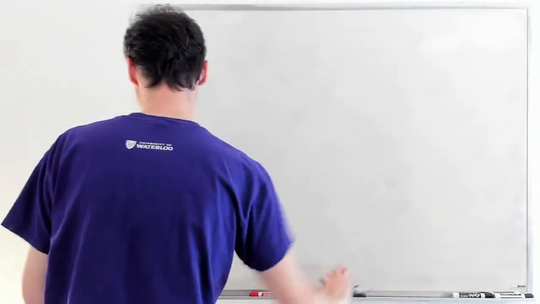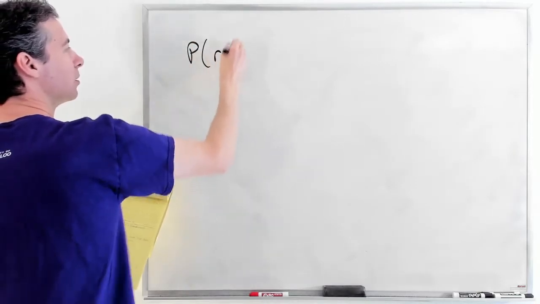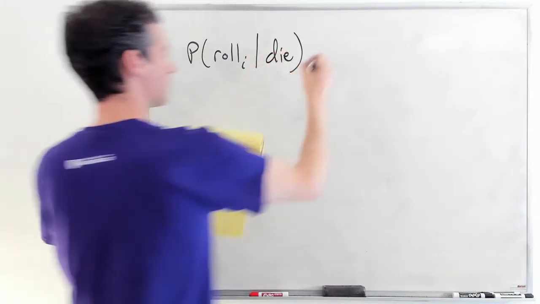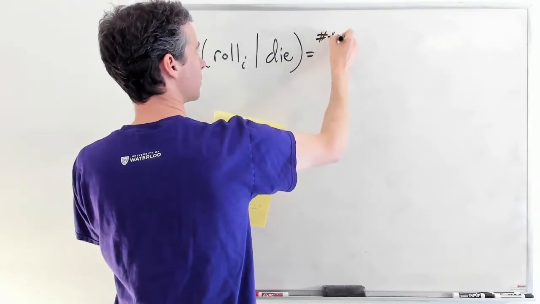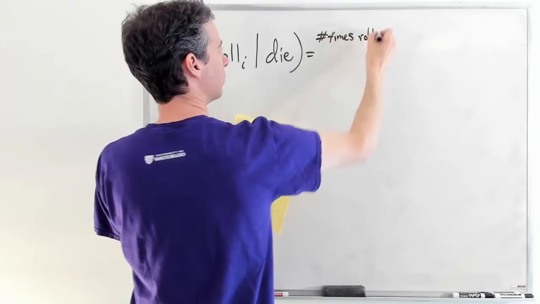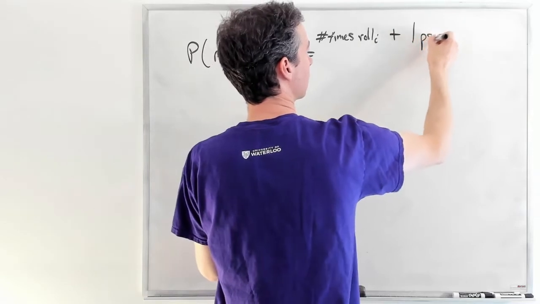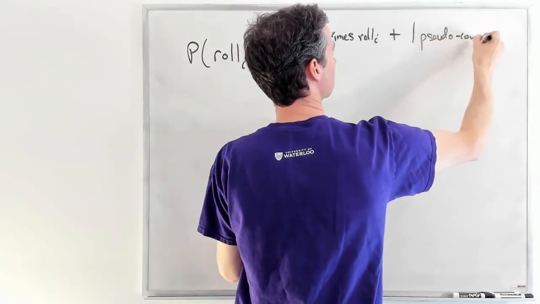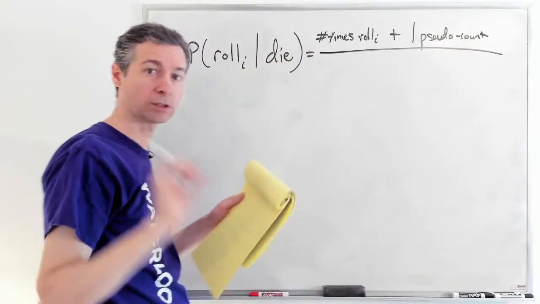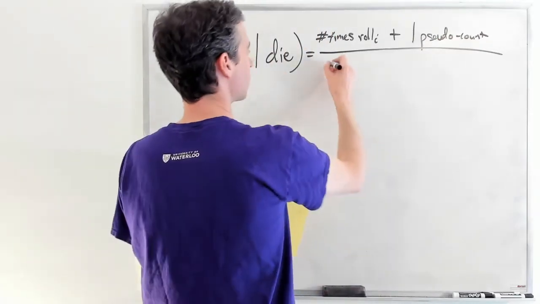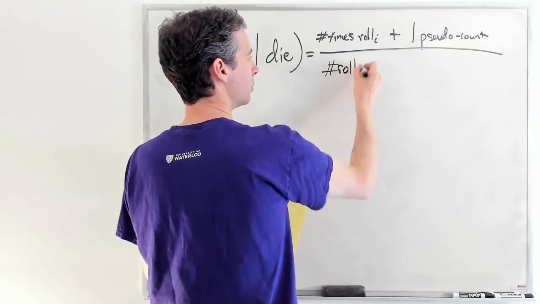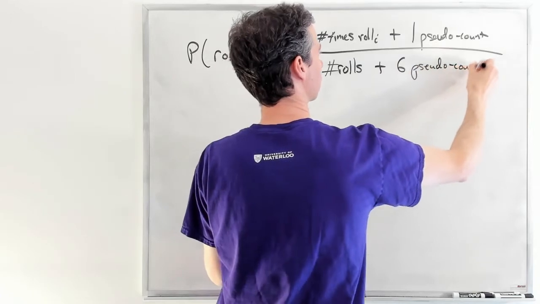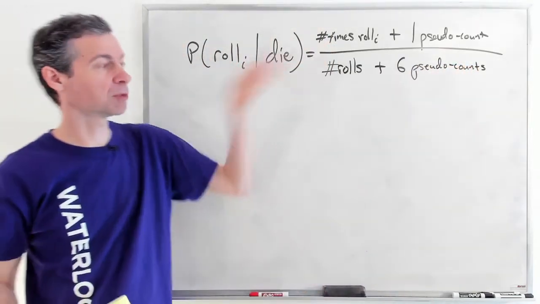We can say the probability of rolling some I, this will be 1, 2, 3, 4, 5, 6, on the die, is going to be equal to the number of times we roll I, plus the 1 pseudo count, as we started with that initial count in our model of uniform prior probability, divided by the total number of rolls I did, plus the 6 pseudo counts I started with. And so this is a nice little formula for estimating this.